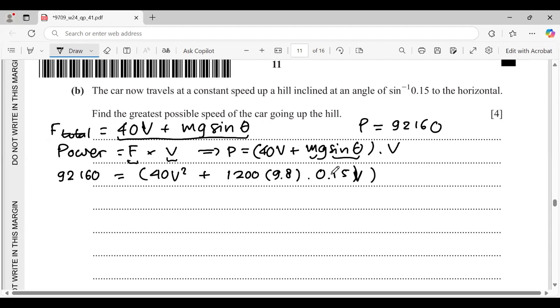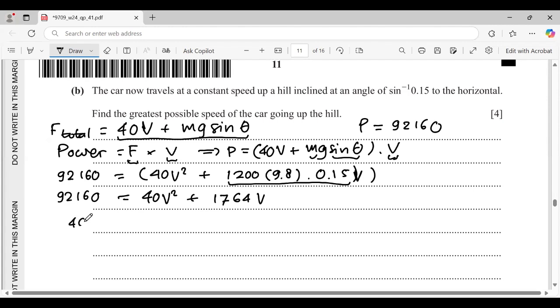So this one is velocity v, right? And after that, it's going to be 92,160 equals 40v squared plus, if you calculate this part, 1,764v. So it becomes a quadratic equation with v the variable.